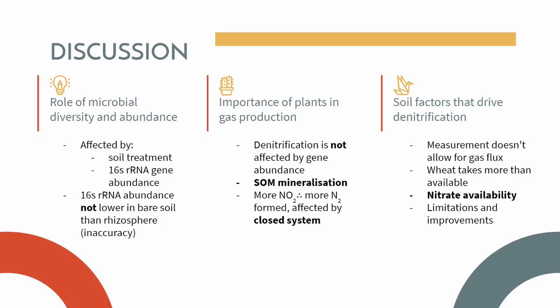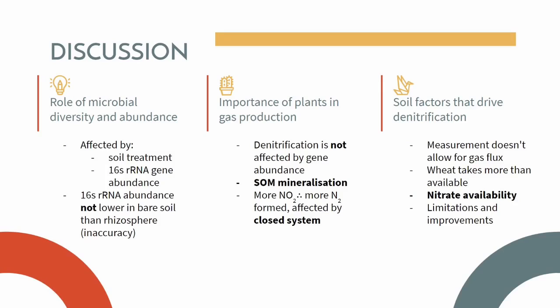Lastly, more nitrous oxide and nitrogen are formed when plants are present because nitrogen gas increases as more nitrous oxide is denitrified, which might be caused by the closed system, resulting in prolonged contact with microbes. And the experiment uses mature plants because the denitrification is more visible.